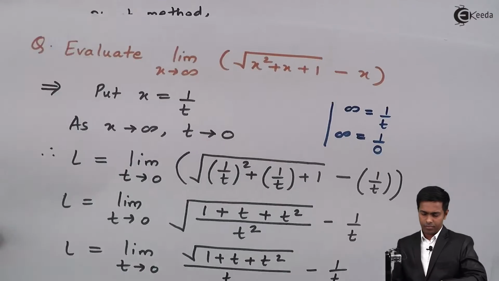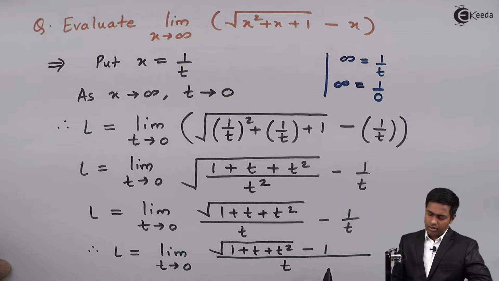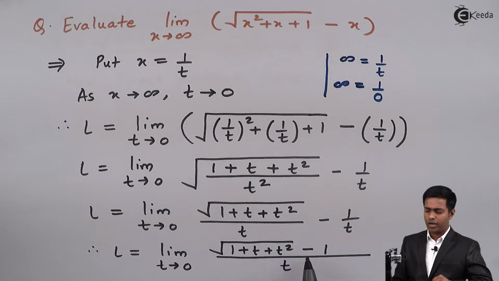For that we'll again observe the given limit. So here the limit is t tends to 0 and the function is square root of 1 plus t plus t square minus 1 upon t. Now if you observe the function, in the numerator we have a square root, and between the square root term and the 1 we have a negative sign.